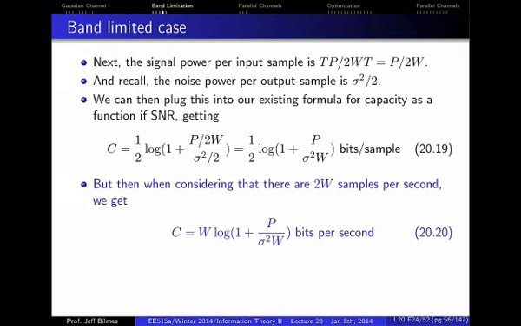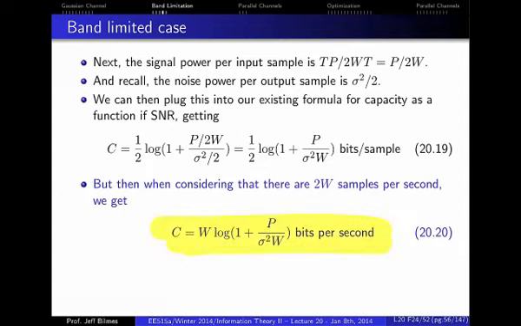Right? So it's interesting that if we just look at it in terms of bits per sample, what the bandwidth does is actually reduce the capacity in terms of the number of bits per sample. But overall, in terms of bits per unit time, we have to multiply everything by 2W, and so we get this formula here.